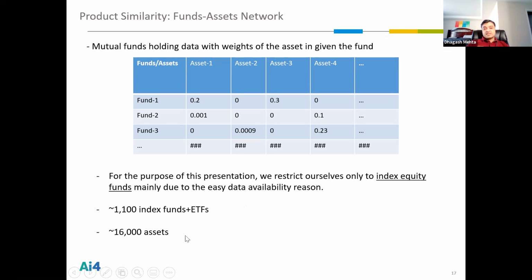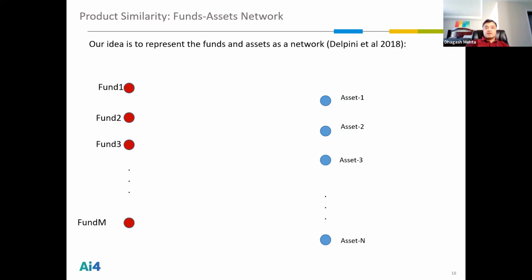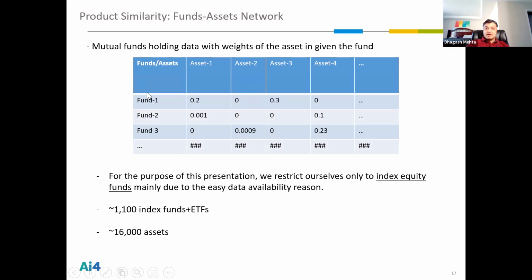There were 16,000 assets in total, and some 1,100 or so equity index funds. So that's my data, which means I had a 16,000 times 1,100 matrix or table.